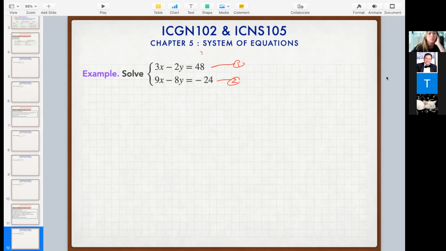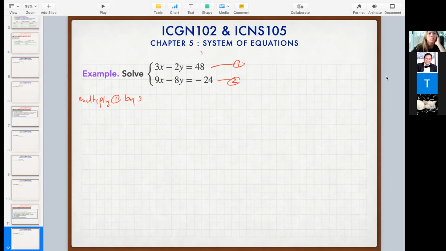Now the second step. If I'm considering the x term, in order to make the coefficients equal, I multiply equation 1 by 3, so that I can make 3x become 9x.